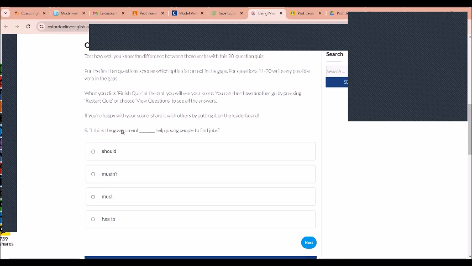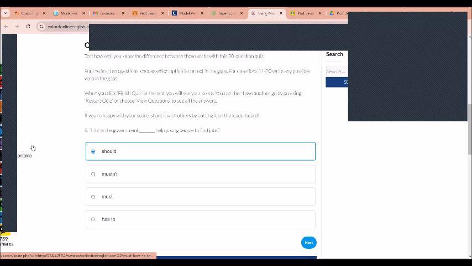All right. Letter 8. Amairani. I think the government should help young people to find jobs. All right. I would be stronger. Yes, it's not necessarily an obligation.